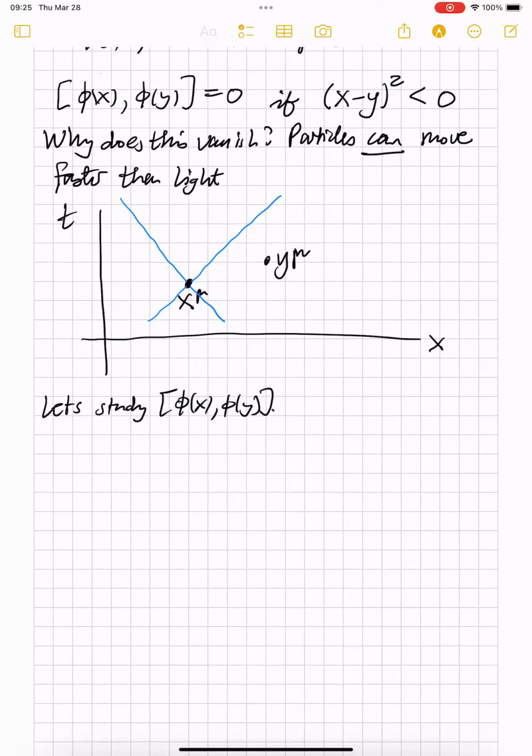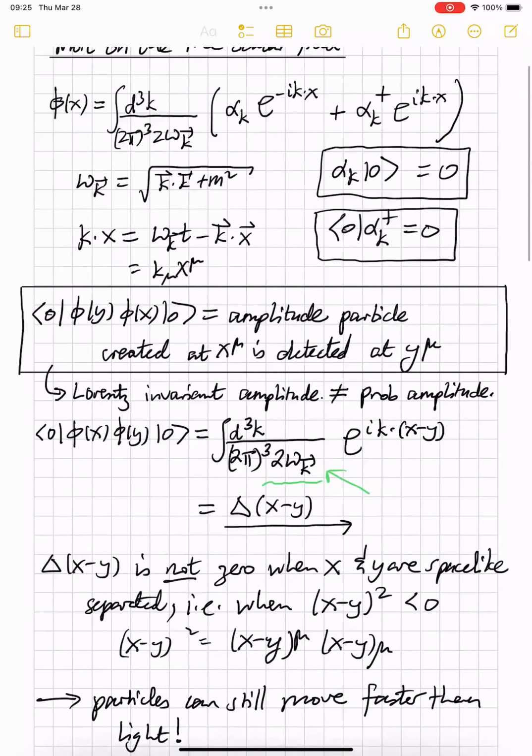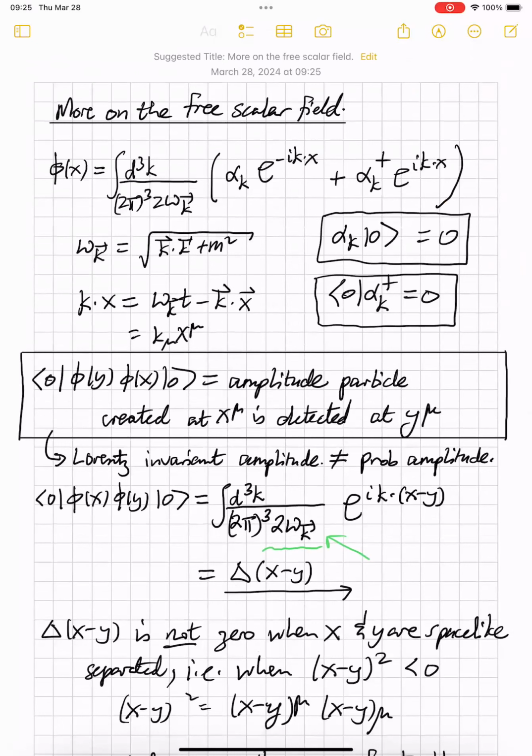Now, you have computed this in one of the exercises, and what you learned is the commutator of phi of X and phi of Y is equal to a number. So I'll just call it C, and what I mean by this is it's a number, okay? So let's try to be completely explicit about what I'm saying here. So take a look at the mode expansion here at the top of the page.